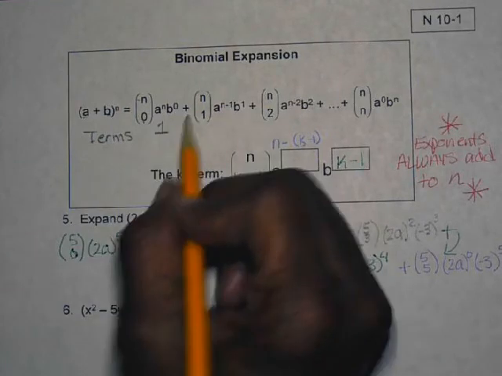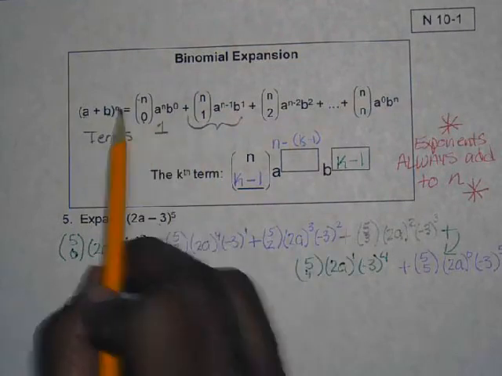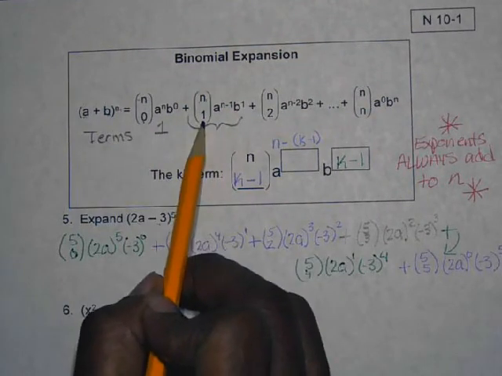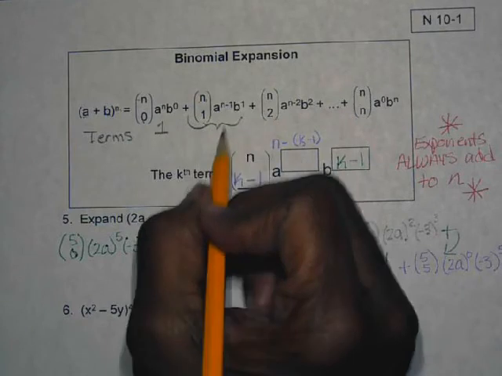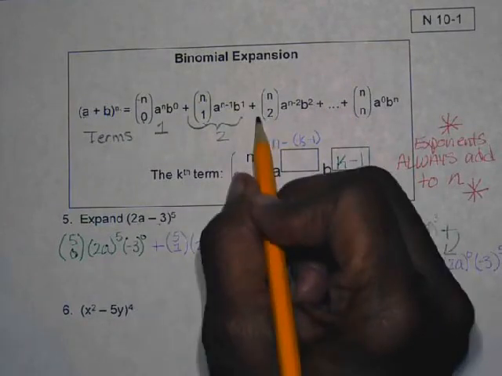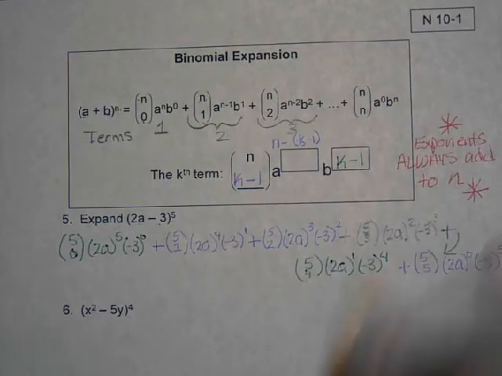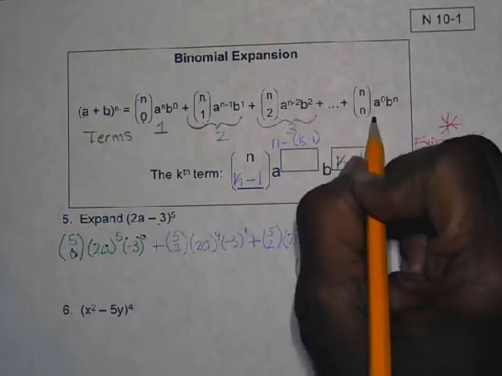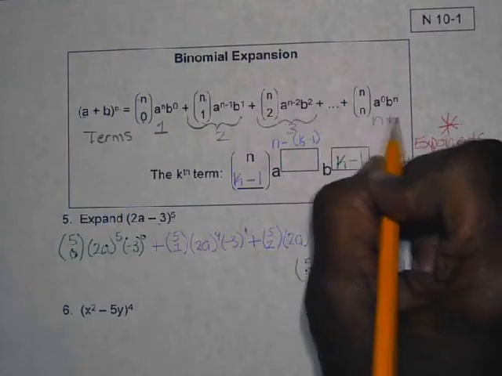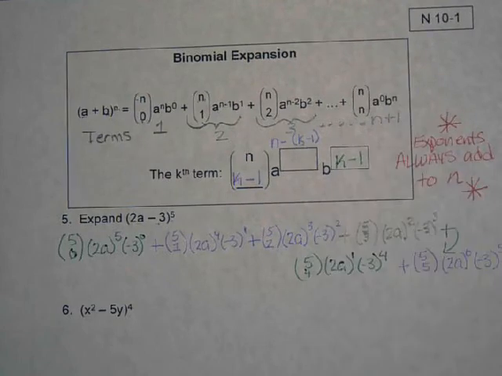This part right here, n, whatever n is, and then the first, so this is my second term. This is my third term, and so on. This will be n plus 1.